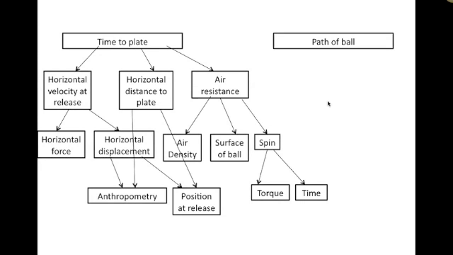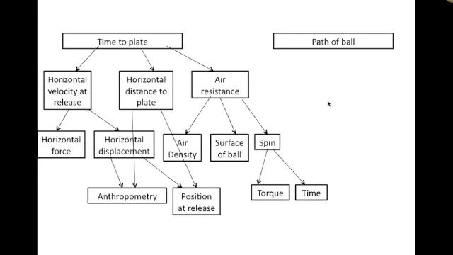A pitcher with a faster horizontal velocity, a shorter horizontal distance to travel, and smaller drag forces or air resistance acting on the ball will take less time for the ball to travel from the pitcher's hand to home plate.